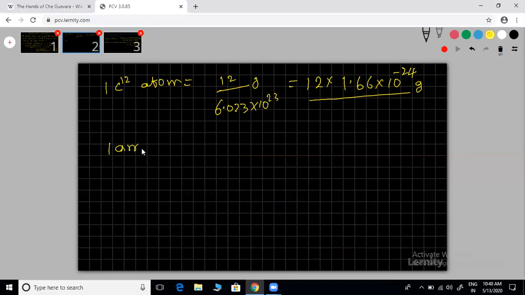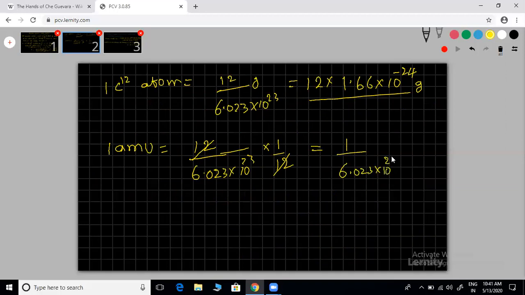1 AMU equals 12 by 6.023 into 10 power 23. This is the weight of one carbon atom, and 1 by 12th part of this weight is the AMU. The 12 is going to be cancelled, then we get 1 by 6.023 into 10 power 23.